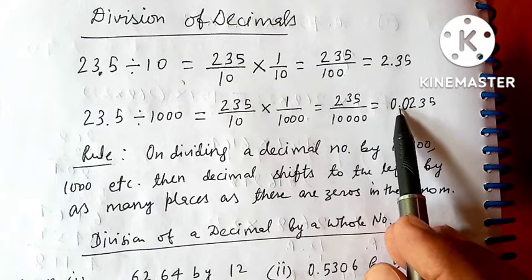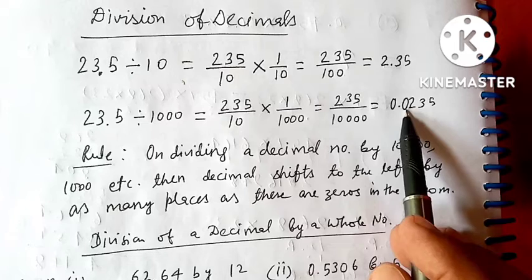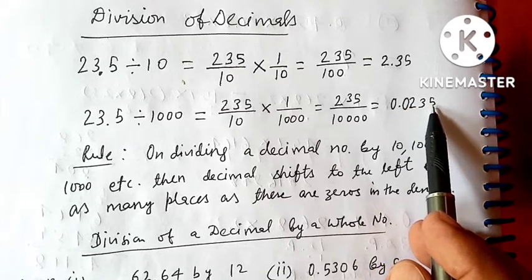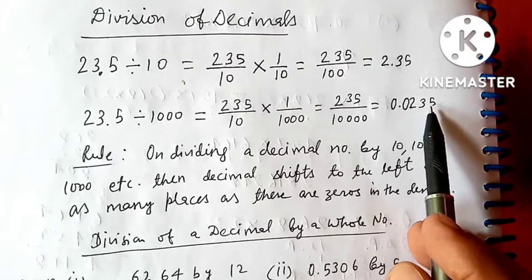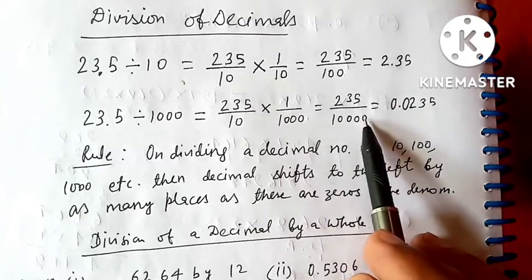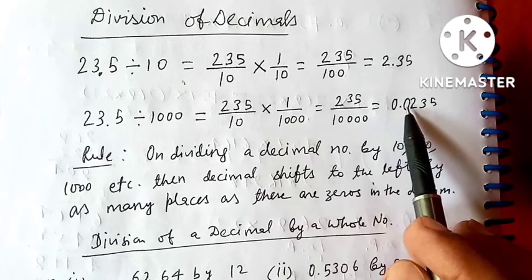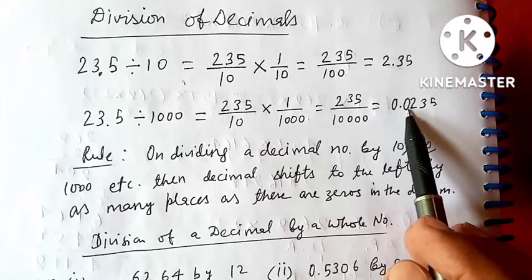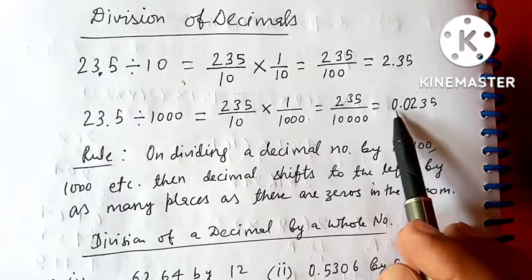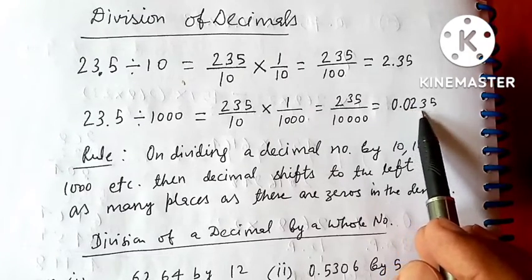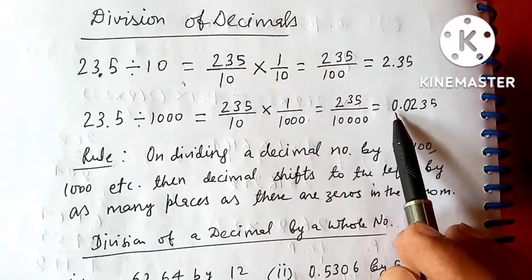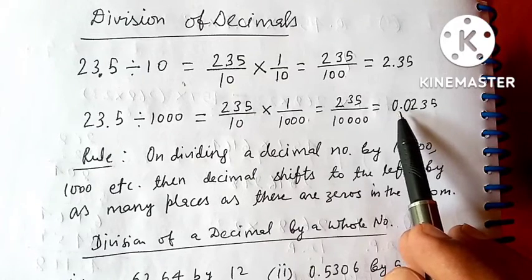Now if you put the decimal before this 0, then you have in total 4 decimal places as required. So the answer is 0.0235. The leftmost 0 is put to make the number look nice.